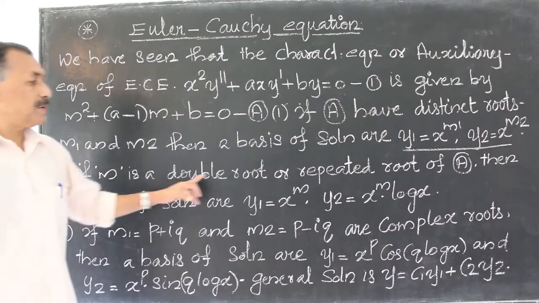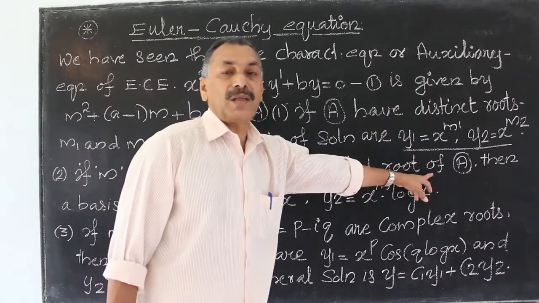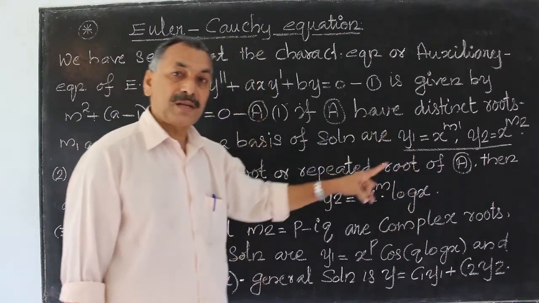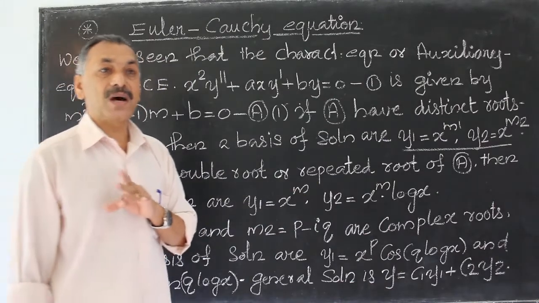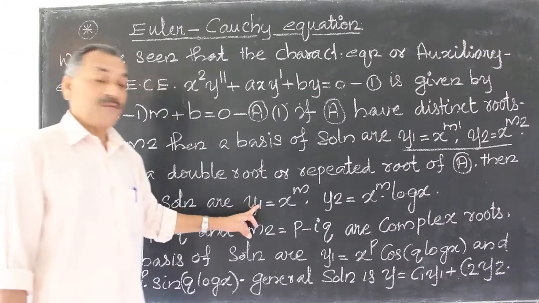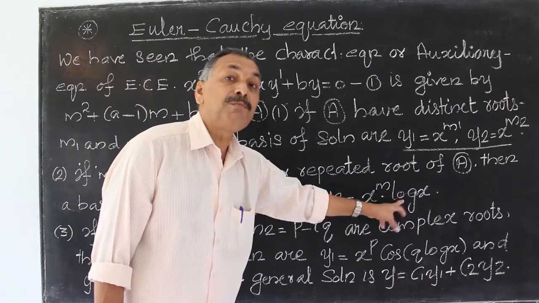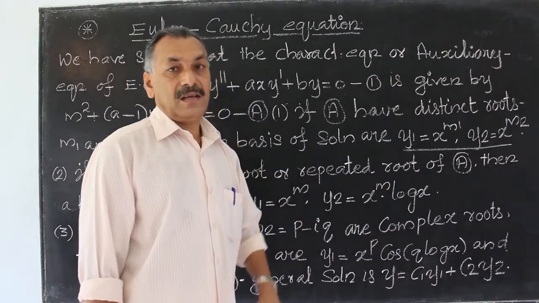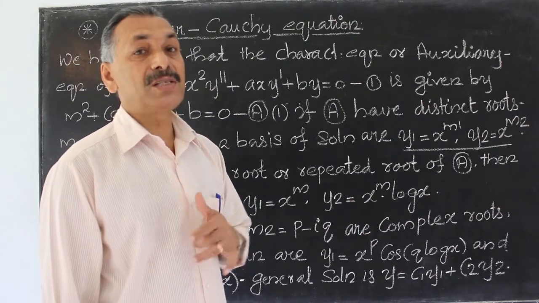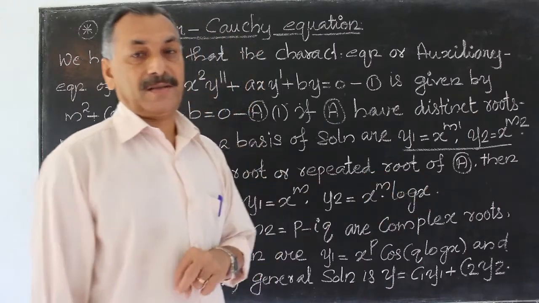If m is a double root or repeated root of the characteristic equation, then the basis of solutions are given by y1 is equal to x raised to m, and the second one, y2 is equal to x raised to m into log x.